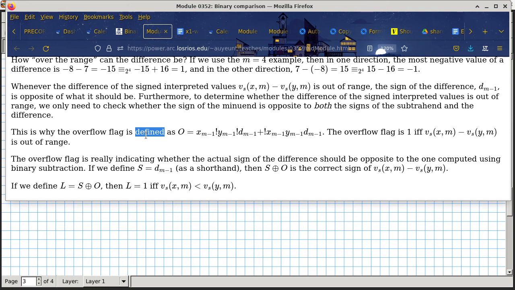You can probably say out loud x subscript m minus 1 and not y subscript m minus 1 and not d subscript m minus 1, or not x subscript m minus 1 and y subscript m minus 1 and d subscript m minus 1 is the big O or the uppercase O of overflow flag. That doesn't tell you much.